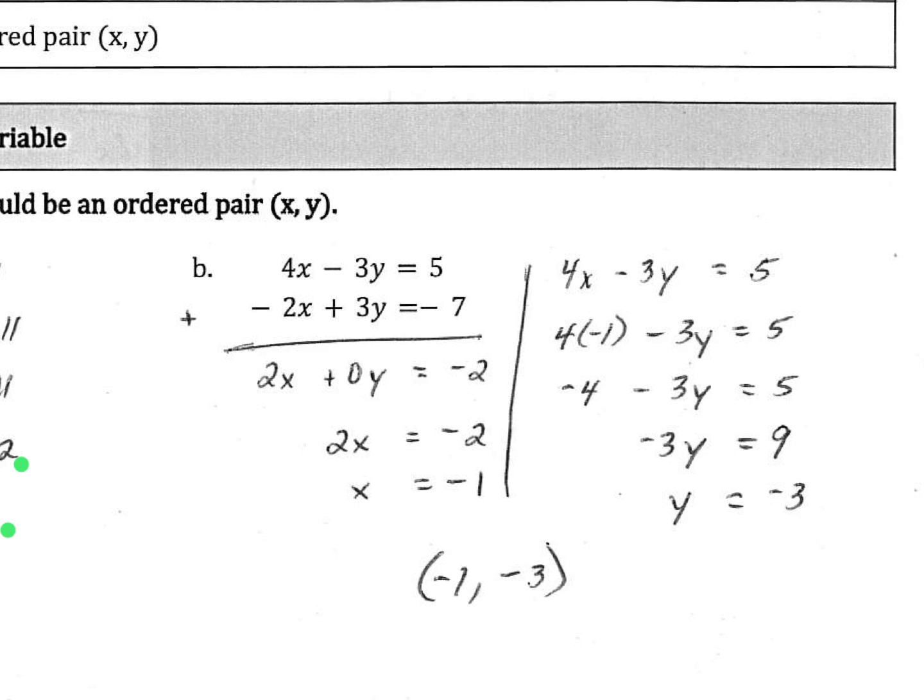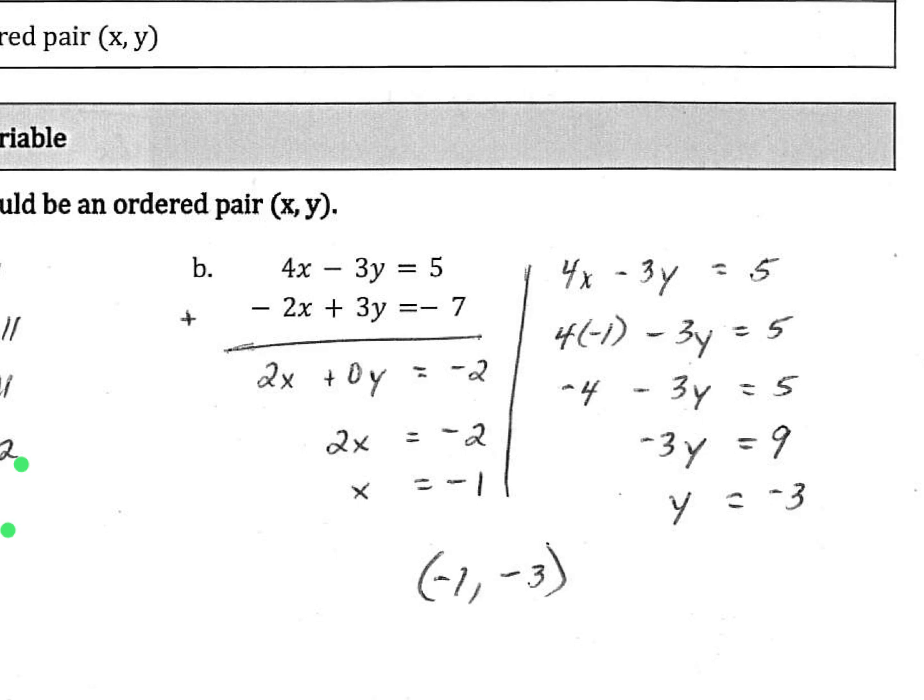The way I give these to you is if we can see that one of the letters has the same number in front of it, whether it's 3 or negative 3 in this case, that means we're ready to add or subtract. If I think about 3 and negative 3, if I do 3 plus negative 3, would you agree that equals 0, right?